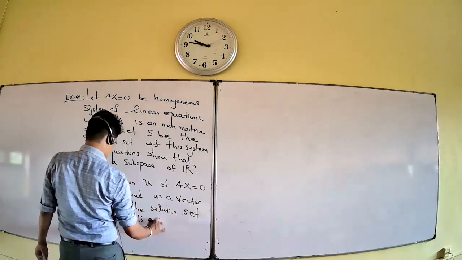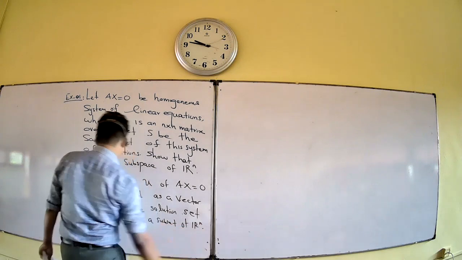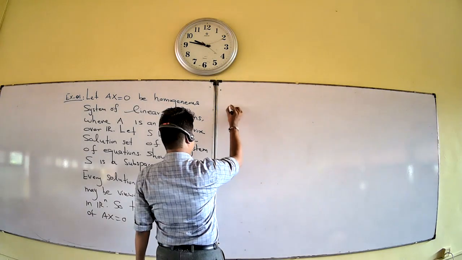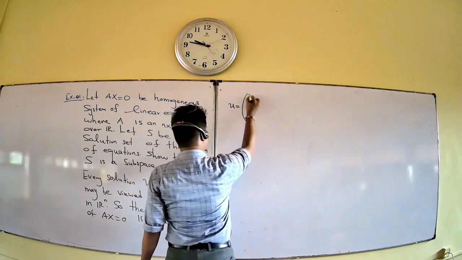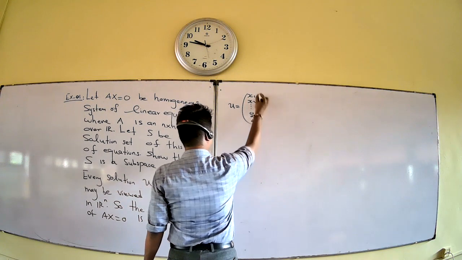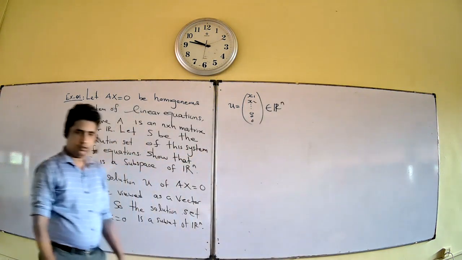This is clearly true because if you take one of the solutions u of the form x1, x2, and so on, even if some values are 0, it still belongs to Rn.